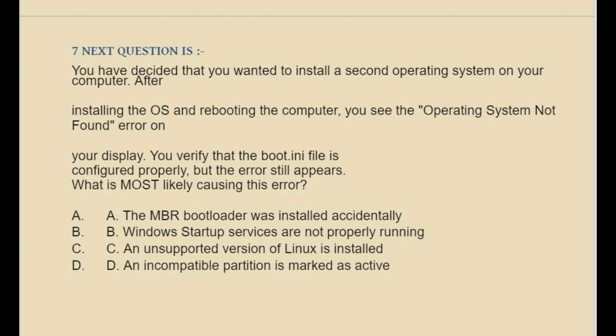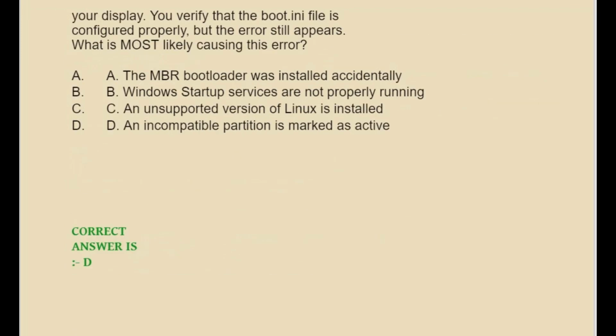What is most likely causing this error? Option A. The MBR bootloader was installed accidentally. Option B. Windows startup services are not properly running. Option C. An unsupported version of Linux is installed. Option D. An incompatible partition is marked as active. Correct answer is option D.